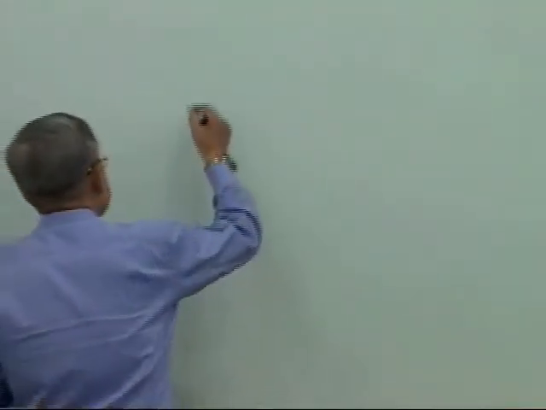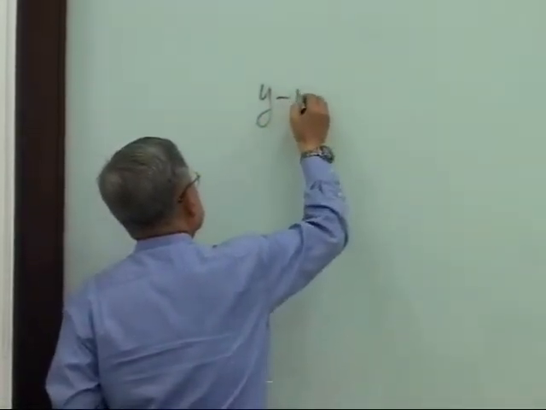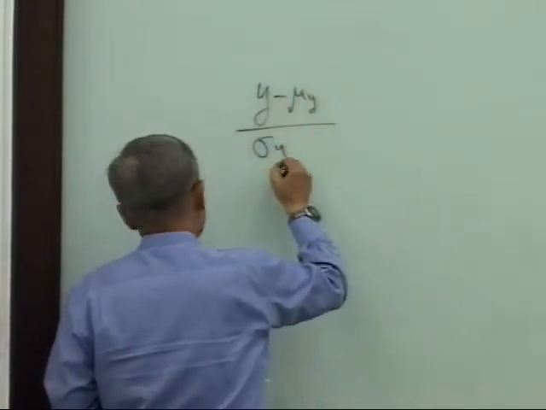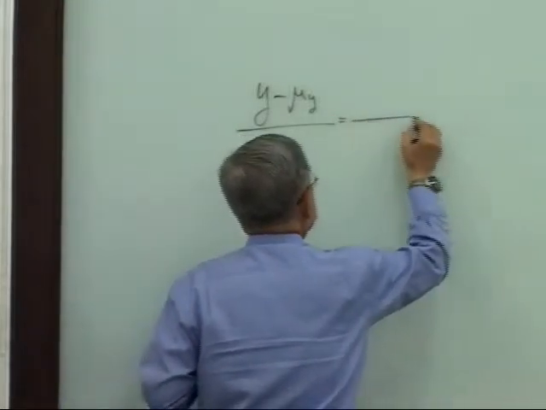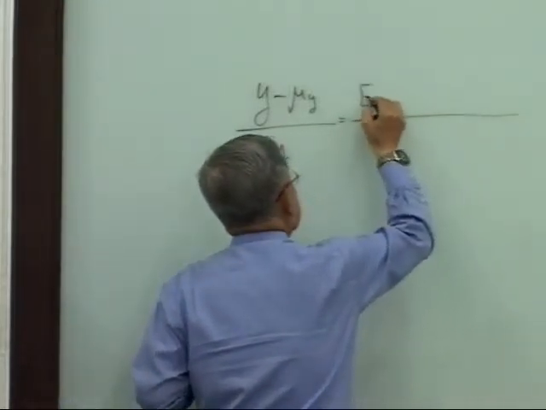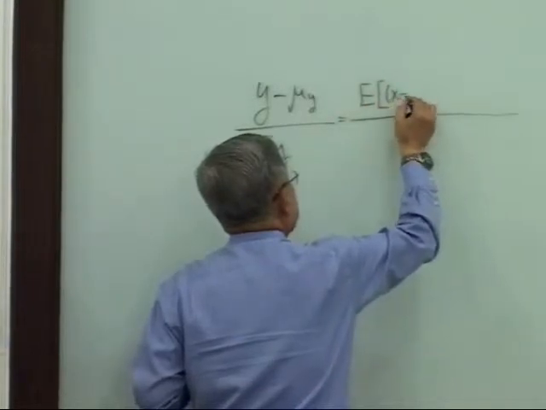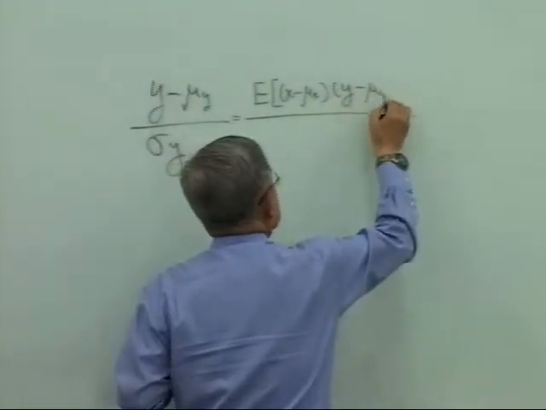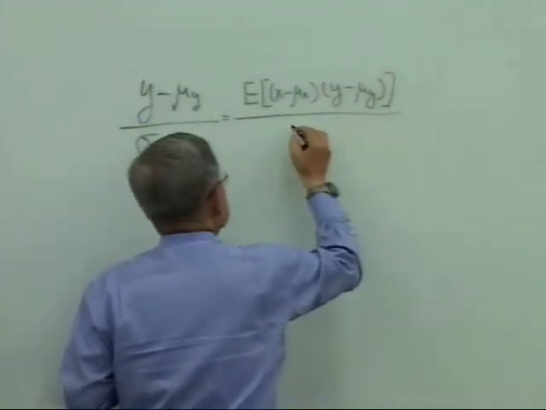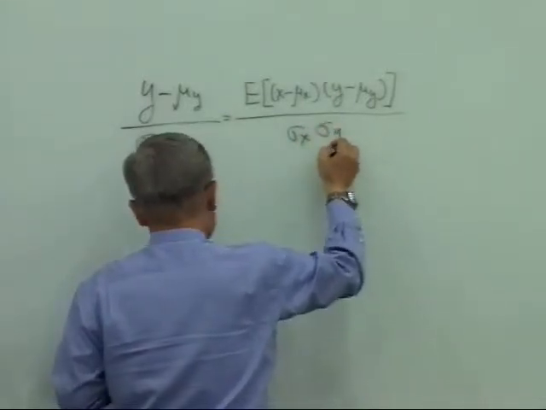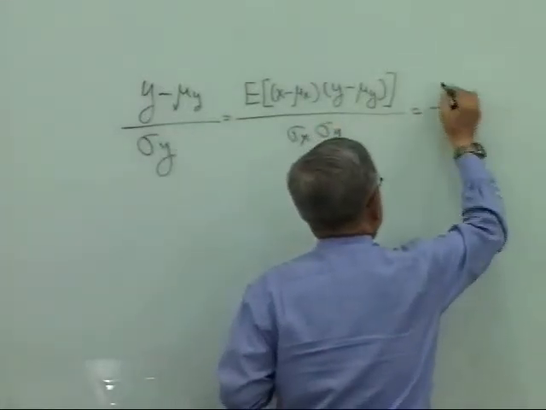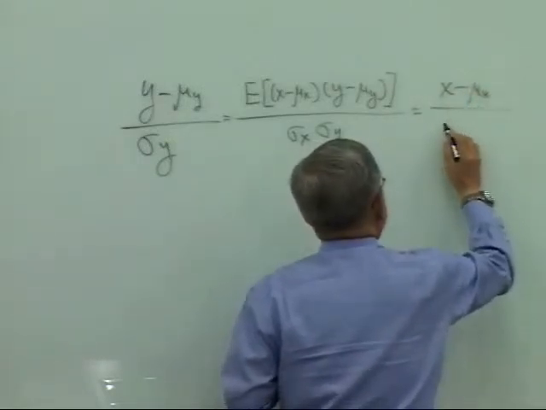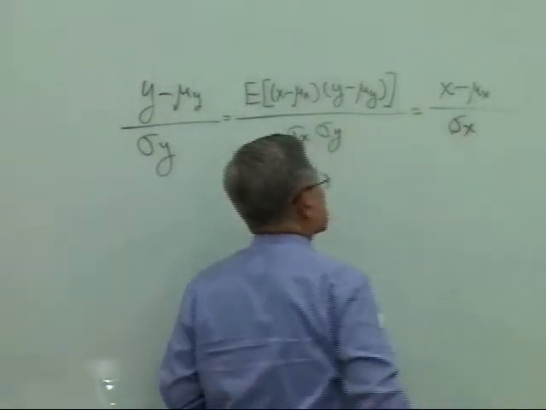So here, I'm going to just rewrite y minus mu y over sigma y is equal to, replacing x by x minus mu x and y minus mu y, over sigma x, sigma y, times x minus mu x over sigma x.